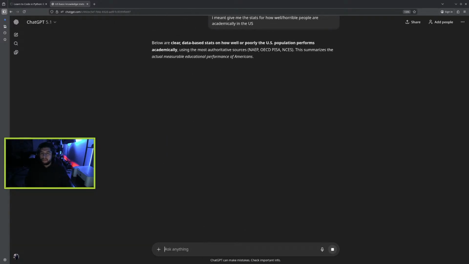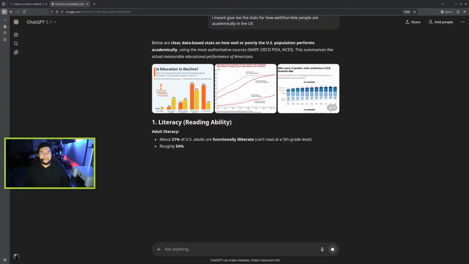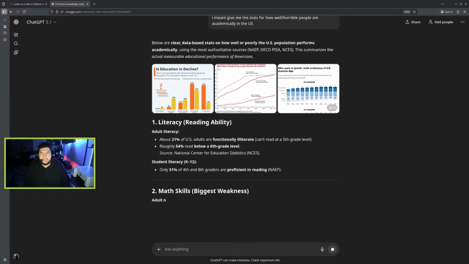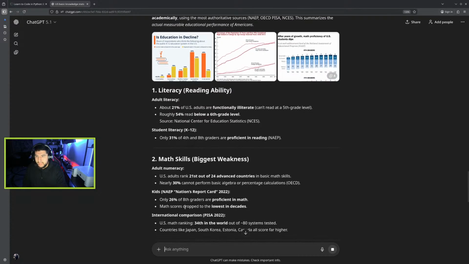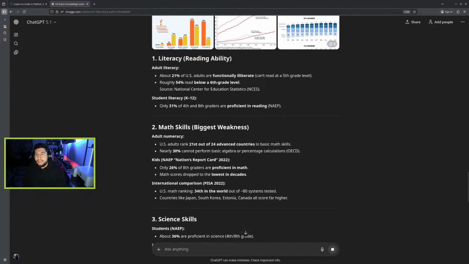Below are clear database stats on how well or poorly the US population performs academically using the most authoritative sources: the NAEP, OECD, PISA, and NCES, that summarize the actual measurable educational performance of Americans. Alright, so number one, literacy and reading ability, adult literacy.